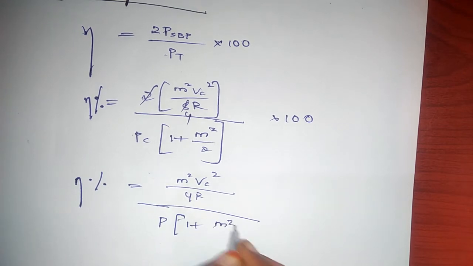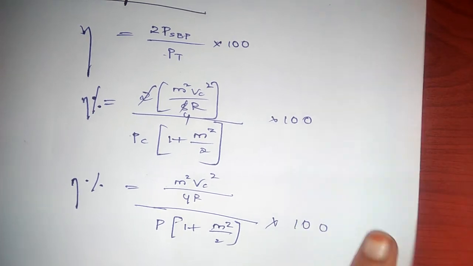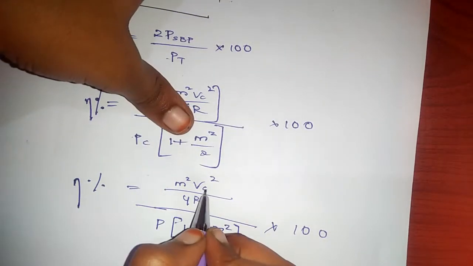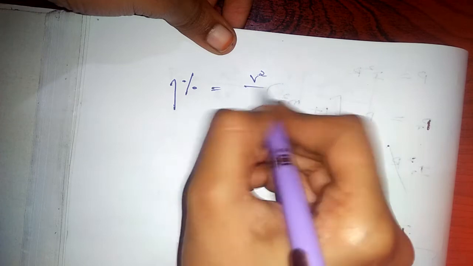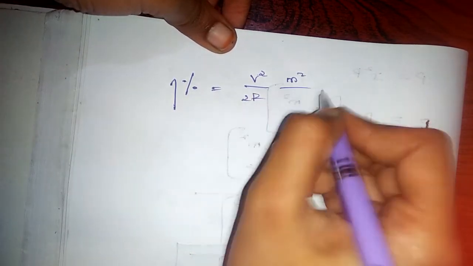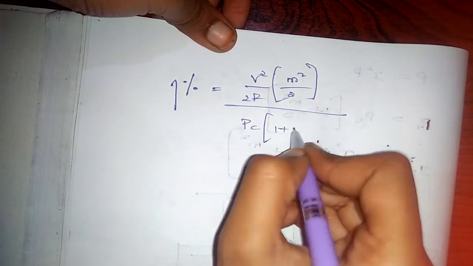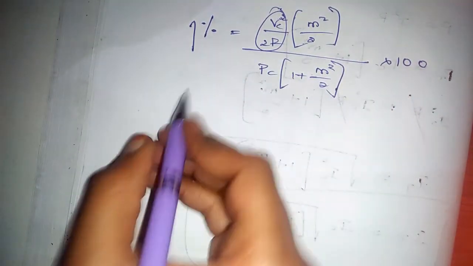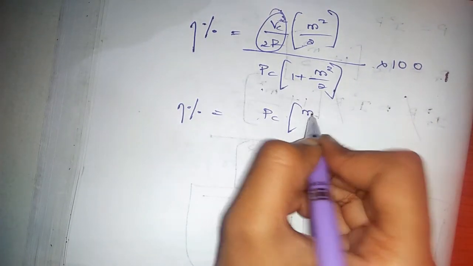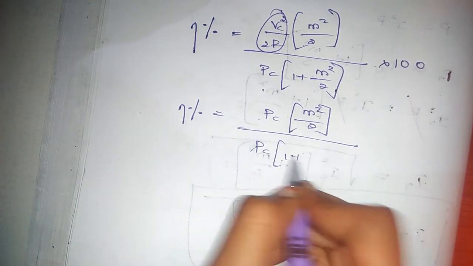If I simplify, I can take Vc square by 2R as common. Then Vc square by 2R times m square by 2, divided by Pc of (1 + m square by 2), into 100. Vc square by 2R is nothing but Pc, so eta percentage equals Pc of m square by 2 divided by Pc of (1 + m square by 2).